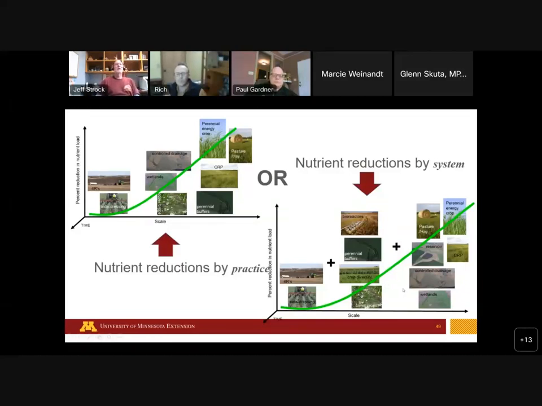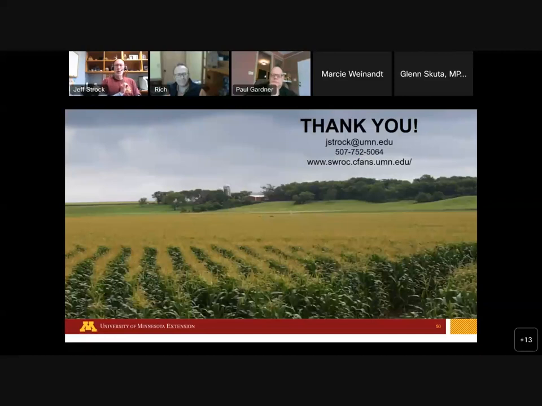Another way to think about it is to start mixing and matching things. So, having controlled drainage and wetlands and perennials in a system rather than having either, and have them both, or take the whole fruit basket and try to achieve that outcome. So different ways to think about how we can actually improve some of the water quality here in Minnesota. And I will stop. Paul and Rich, I've talked way too long, and I apologize for that, but I had a lot to say.